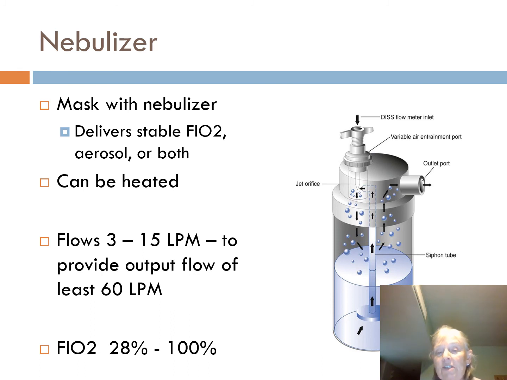If the flow meter is set at 15 liters, the max amount of delivery that you have for that patient is going to be 15 liters. So the answer is the patient needs to have the non-rebreather. That's the only way you can assure that they're going to get the FiO2 that they need. With 100%, they're not, because they have to entrain outside air, and that really dilutes what you have at that particular point.